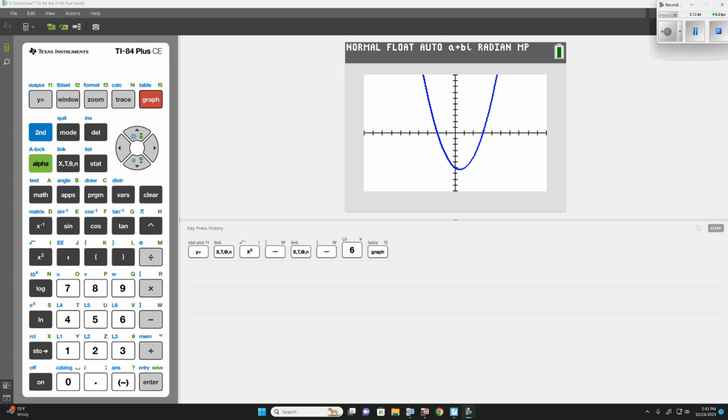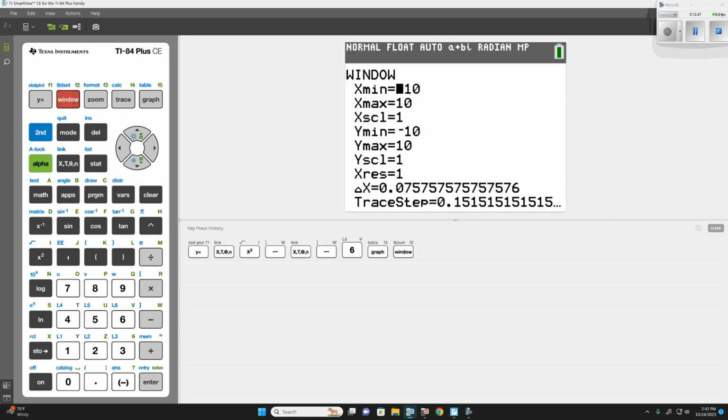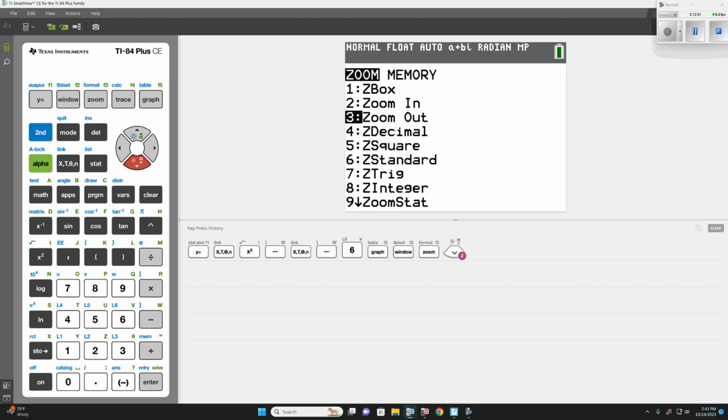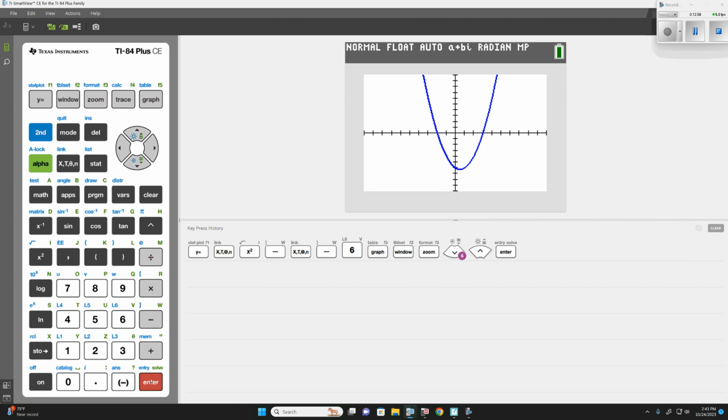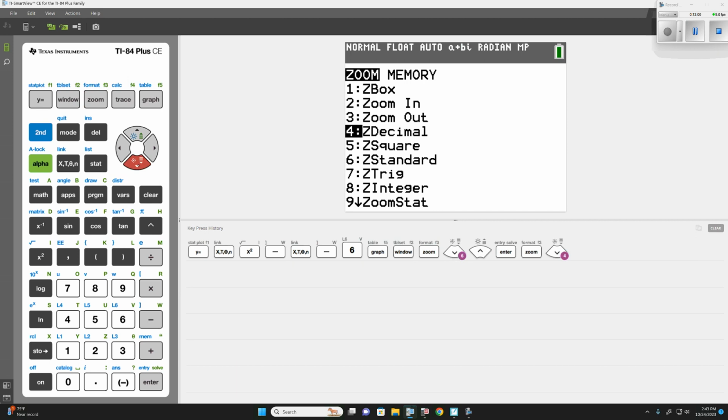Now if for some reason it gives you a window error, it means someone's gone in here and messed with the numbers. So Zoom Standard, because if the window doesn't look right, we can go to Zoom Standard.